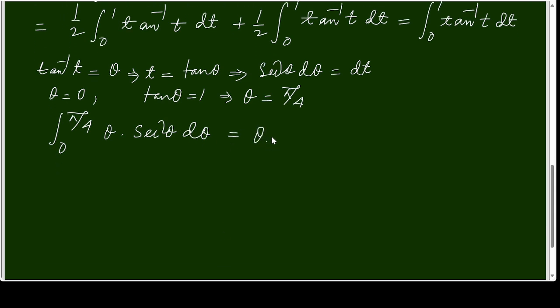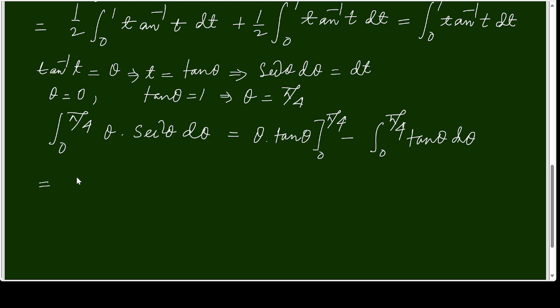Theta into sec square theta: the integration of sec square theta is tan theta, from 0 to pi by 4. The differentiation of theta is 1, so it will be only the integration of tan theta from 0 to pi by 4. I applied by parts: theta into integration of sec square theta, minus derivative of theta, that is 1, and tan theta again integrated.